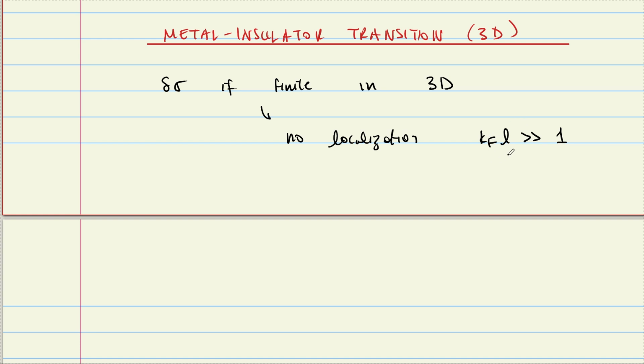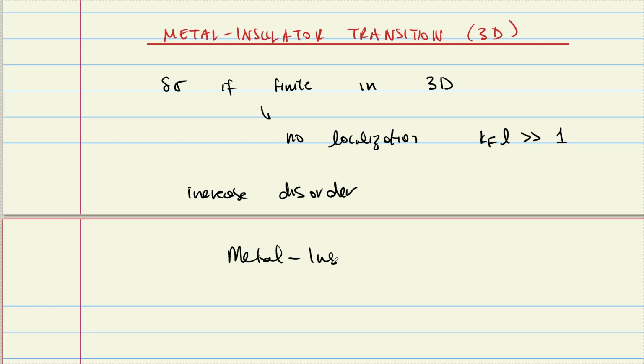But if you go beyond this regime by increasing disorder, then at some point you can localize, and that's what we called the metal insulator phase transition.